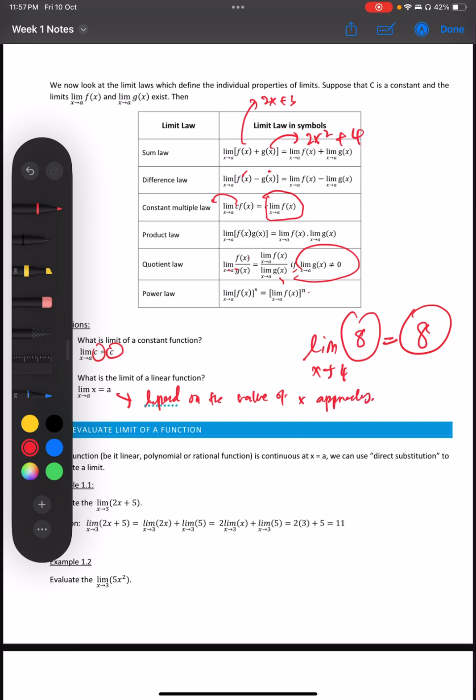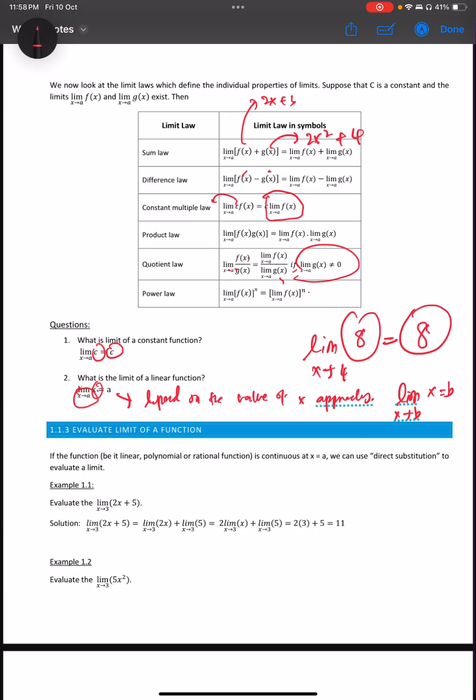So as x approaches whatever value, for example x approaching a, the answer of this limit is a. As the limit of x approaching b, for example, the answer will be b. So it depends on the limit itself.